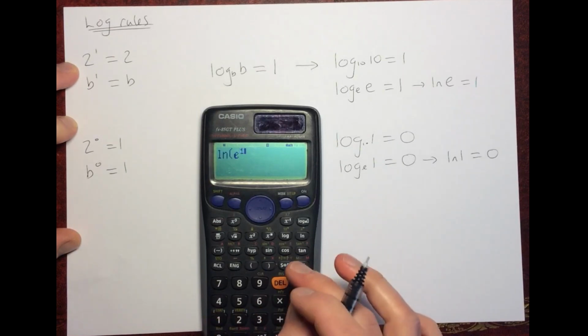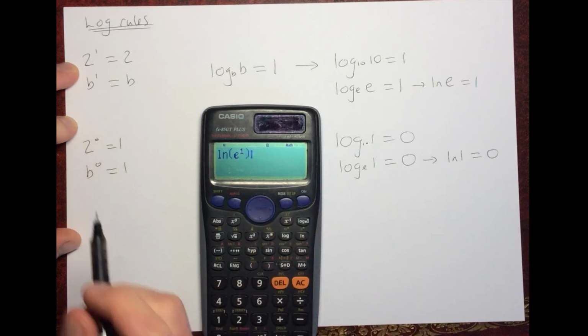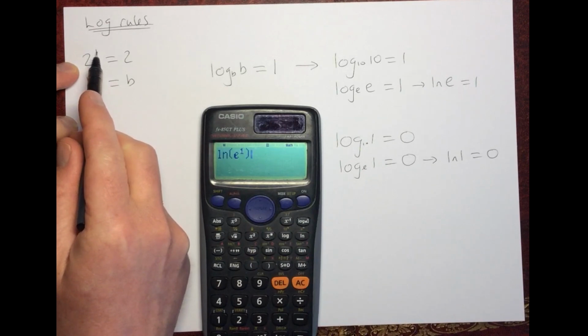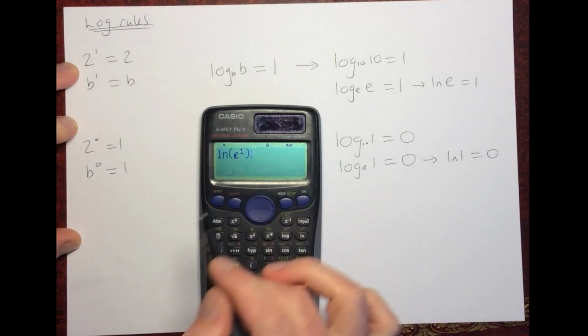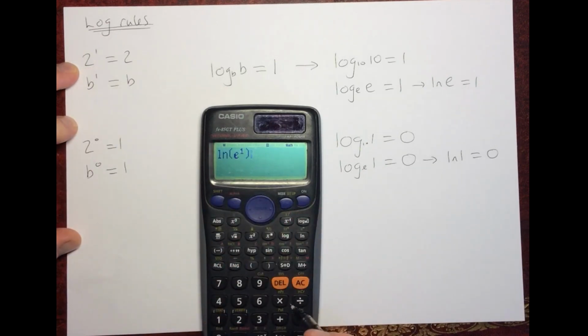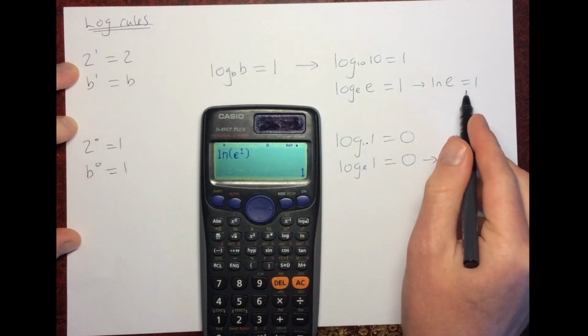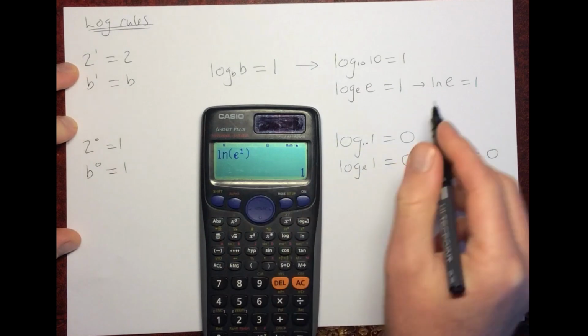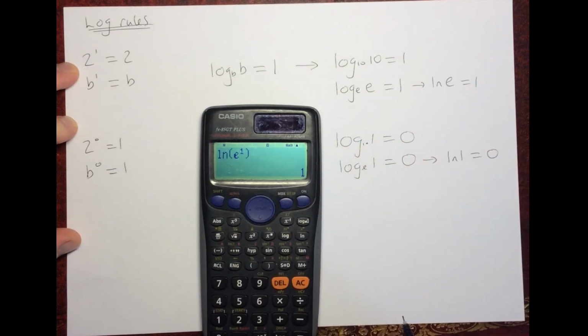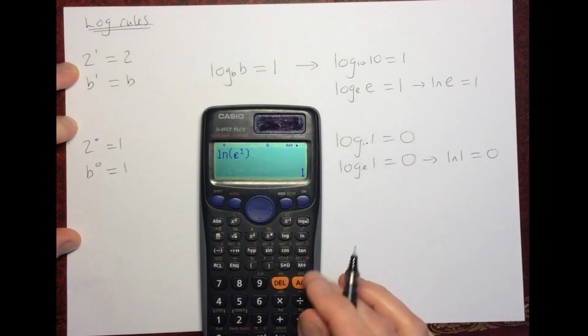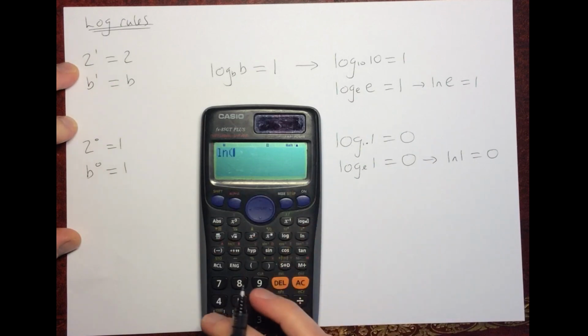So I'm going to put it to the power of 1, and the reason I'm doing that is because any value raised to the power of 1 is that value. So by doing e to the power of 1, I'm just getting e. And when I do that, I get 1. So that's how you input natural log of e into your calculator. If you want to do natural log of 1, it's just ln 1, and that gives you 0.